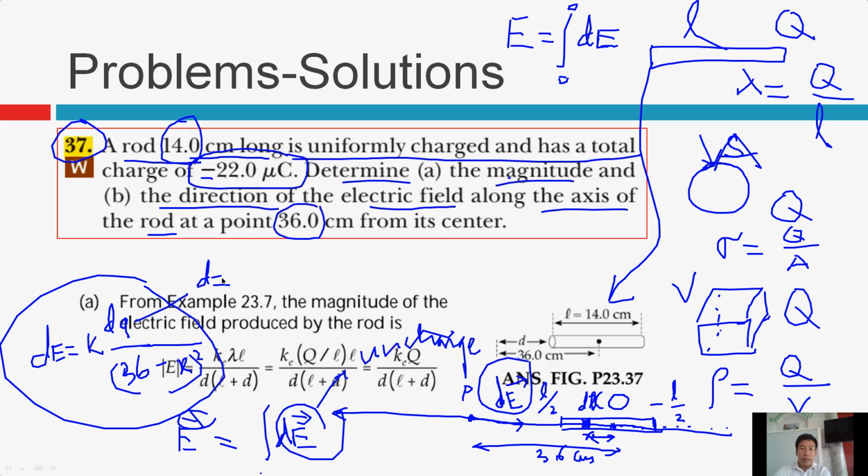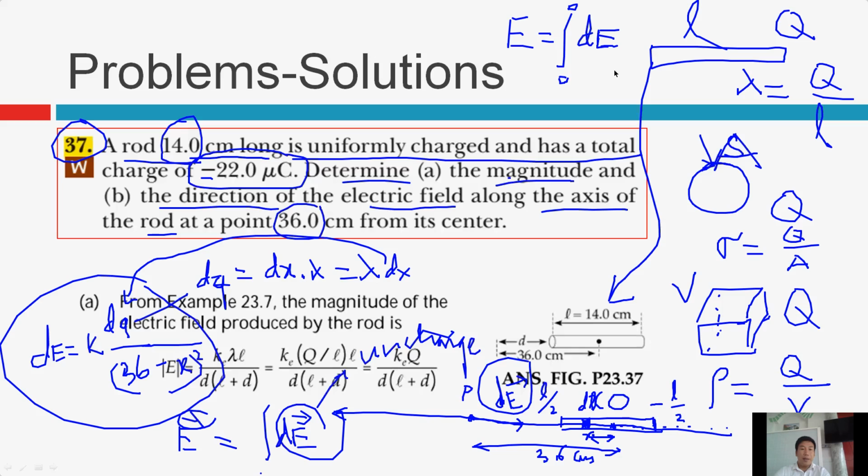So we can calculate dQ equal the length ds multiply lambda, right? It is equal to lambda dx.